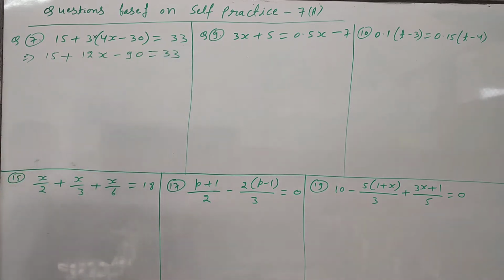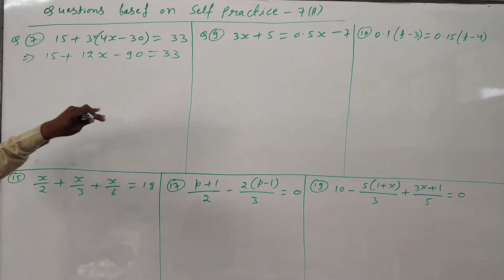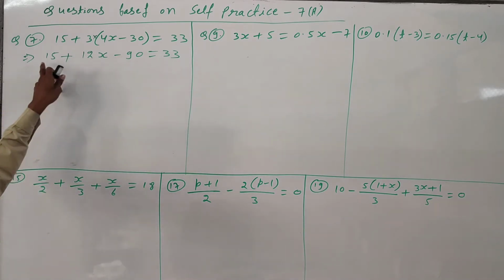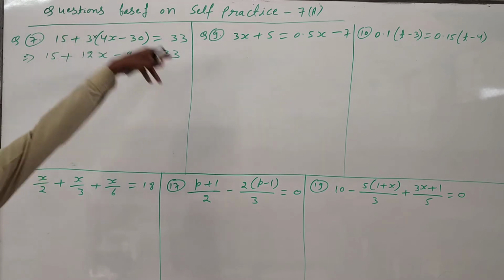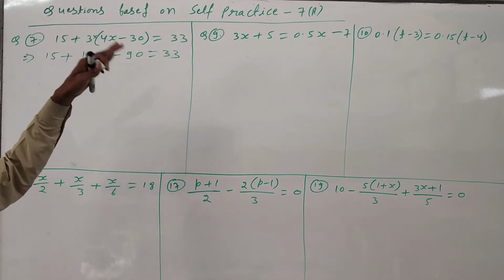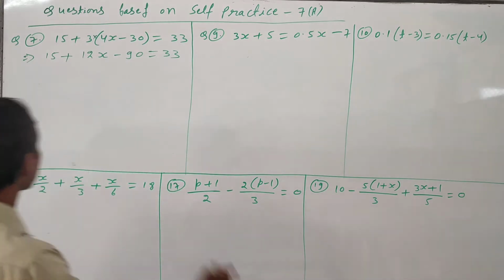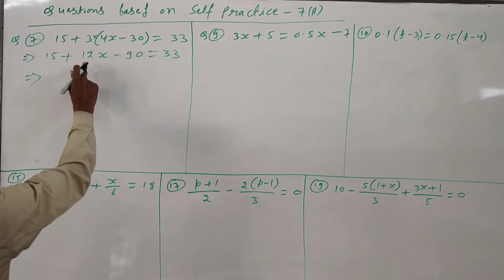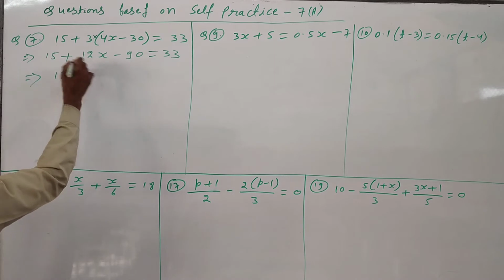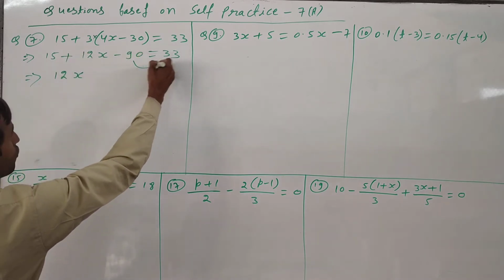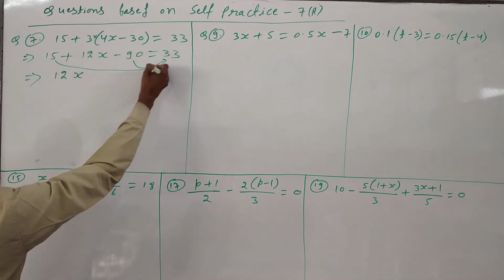Now again we have to do the same process. First of all, transpose these values to the other side, because we have to separate the constant and the variable. So 12x stays as it is on this side, and these two values will go to that side.